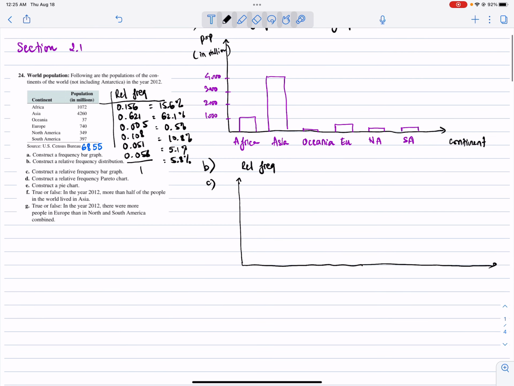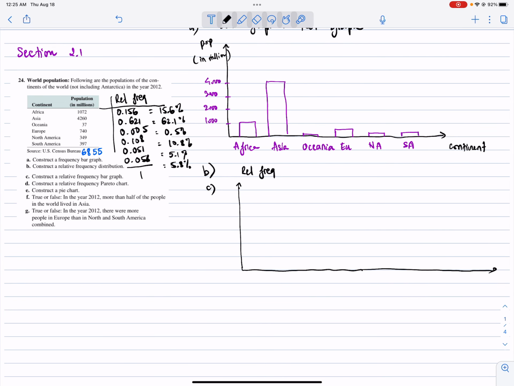Okay, now first of all, we need to label. You can use either the percent or the decimal. If you want to use the decimal, you look at the decimal numbers. We have a maximum of about 0.6, right?